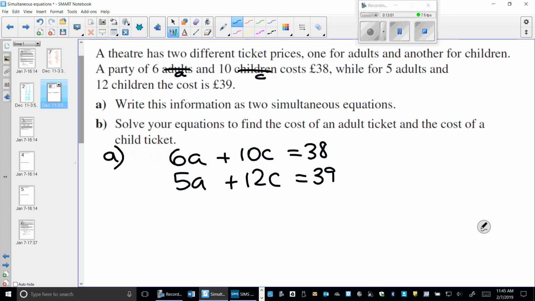Now, whilst these are lovely and easy to write, not so much lovely and easy to solve. But it says solve your equations. At what point do I help you out here? There's lots of helping out.